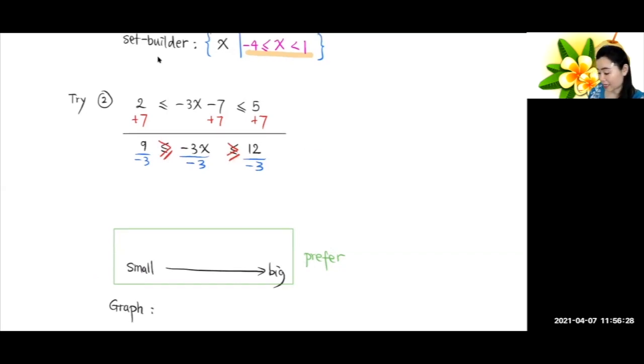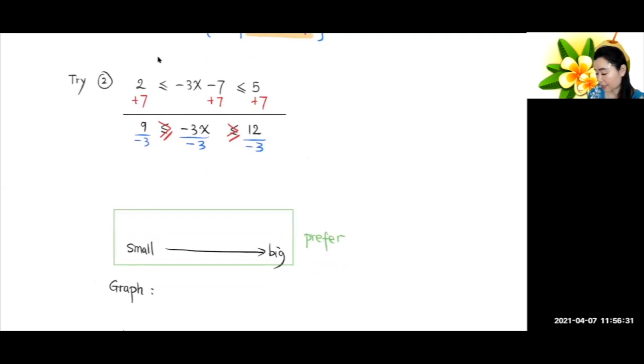You have to switch it right at the step that you divide by a negative quantity. After that, this will be -3 greater than or equal to x, greater than or equal to -4.